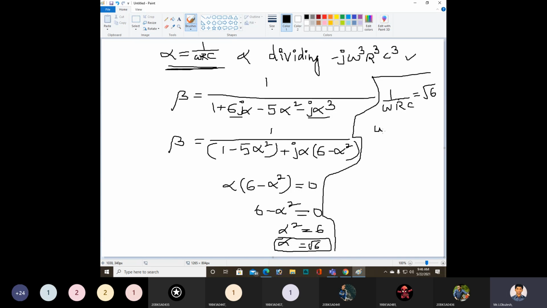Omega is equal to 1 by RC into root 6. Omega equals, you know it, 2 pi f. So 2 pi f is equal to 1 by RC root 6.